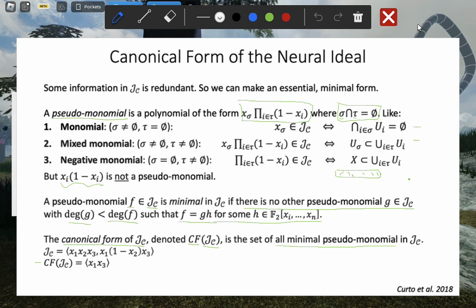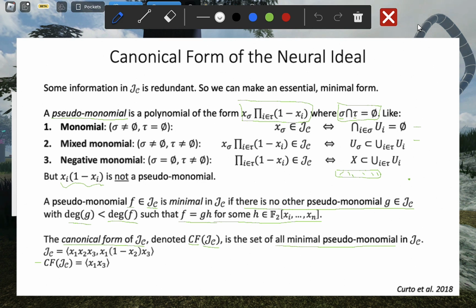So this is my code here, these are vectors, and for example, the support of this one is empty, and so on. And then we go through that process of creating the pseudo-monomials, creating the neural ideal, and then looking at the canonical form of that.